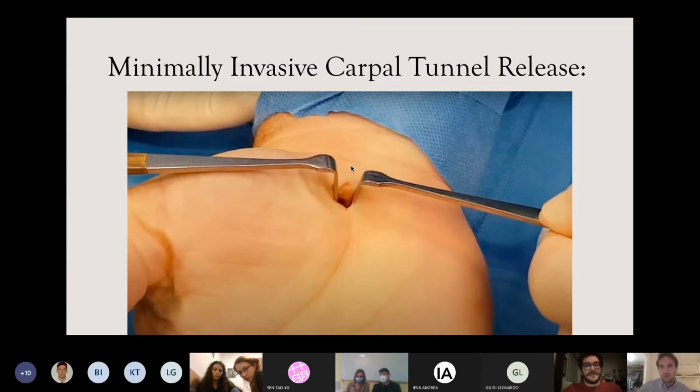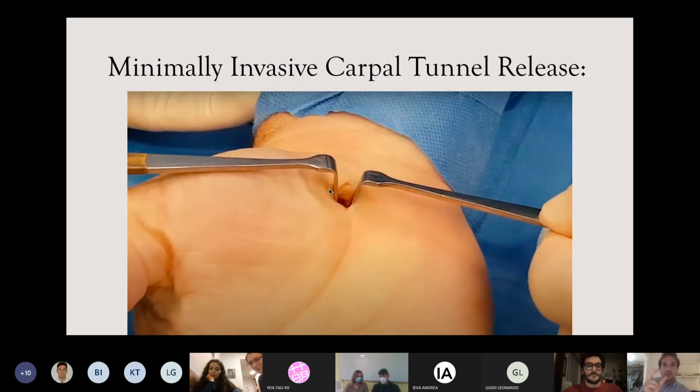But yes, you have to think about the fact that the initial part of this technique is just based on feeling and sensation, which in my opinion is crazy, because you don't see what you're cutting. You're just feeling that you're cutting something soft, which is subcutaneous fat, and at a certain point you will hit the transverse carpal ligament, which is thick and fibrotic, and you will cut it, and you will hear a peculiar sound.